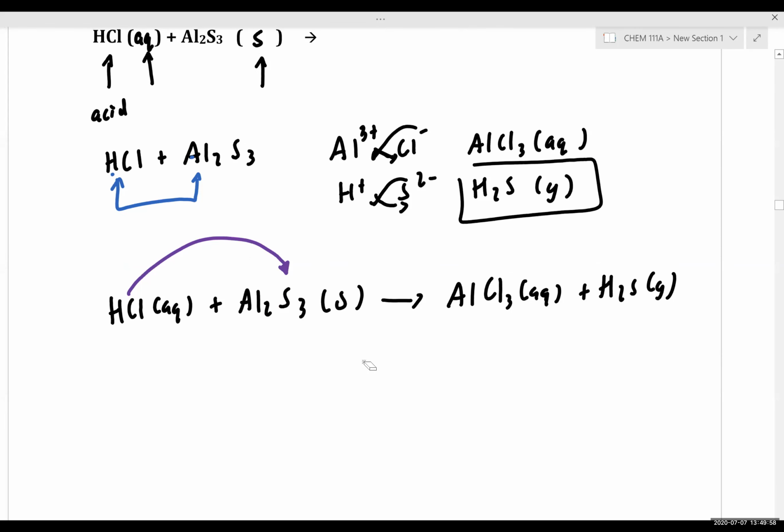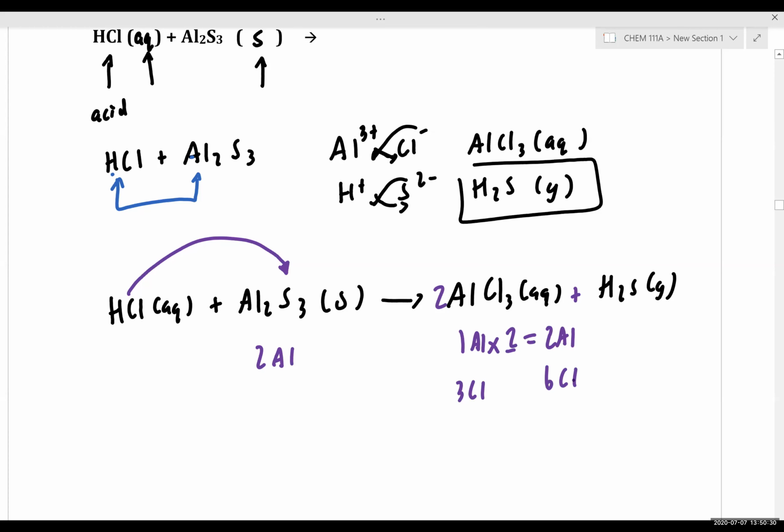So if we want to balance this equation in the traditional sense, we can count our atoms. We see that we have 2 aluminum on the left and 1 aluminum on the right. 1 times what would give us 2 aluminum? What coefficient do we need for aluminum chloride? 2, okay.